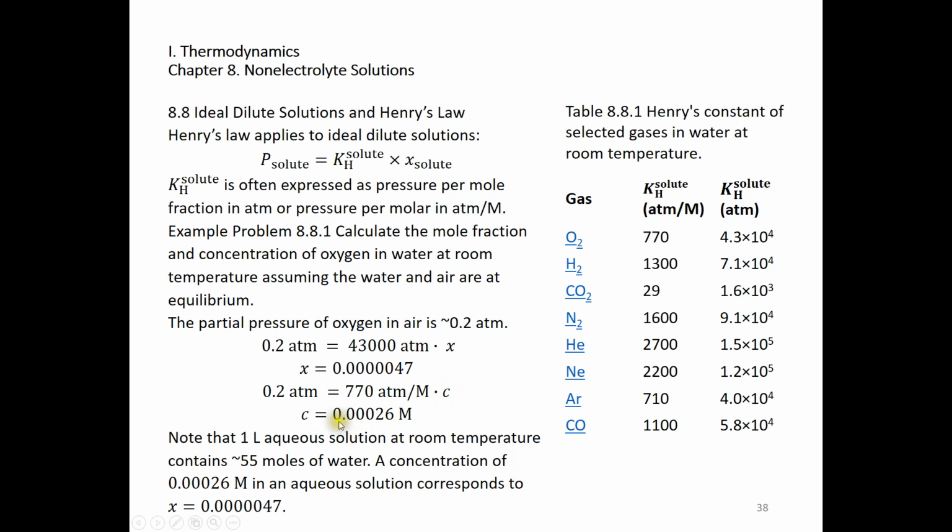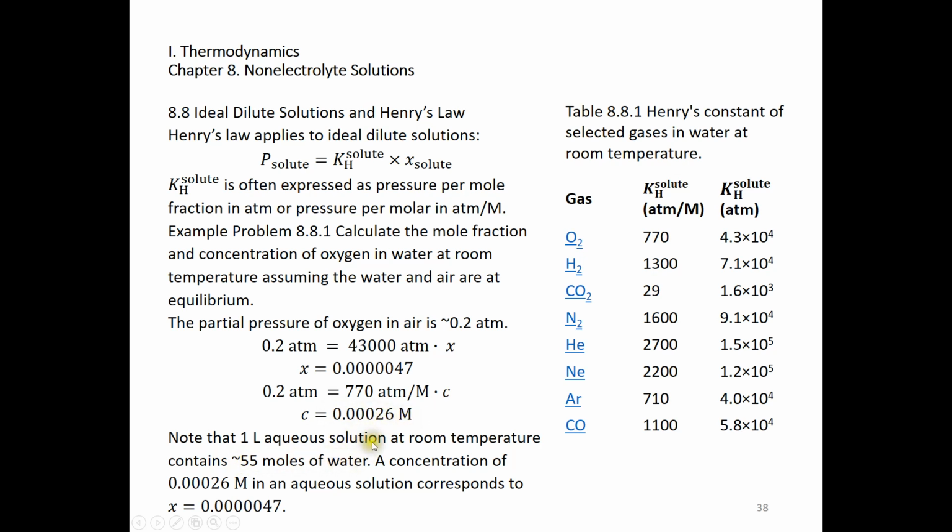C can be computed. It's 0.00026 molar. And because in 1 liter aqueous solution at room temperature, we have roughly 55 moles of water, just imagine in 1 liter of water, we have 55 moles of water, and we have 0.00026 moles of oxygen.